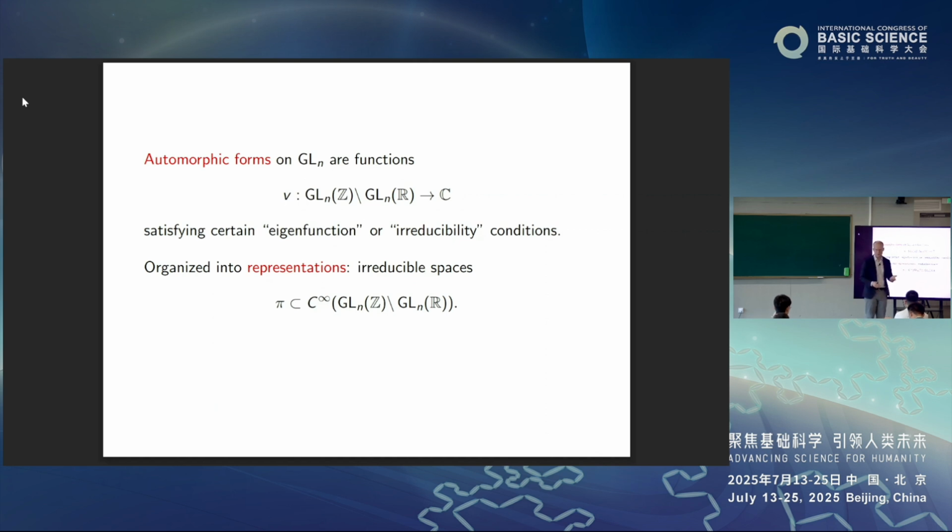You can think of it in terms of differential operators: the ones that commute with everything should have this as an eigenfunction, and the Hecke operators should too. Or you can think of it in terms of generating irreducible representations. In particular, automorphic forms, which I'll call V, are organized into representations that I'll call pi, which you should think of as the spaces where all of the eigenvalues are the same. These will typically be infinite dimensional representations of GL_N(R), which acts by translating on the right.